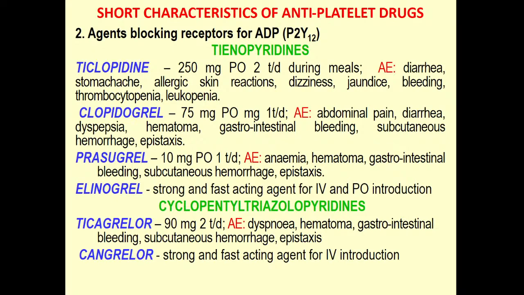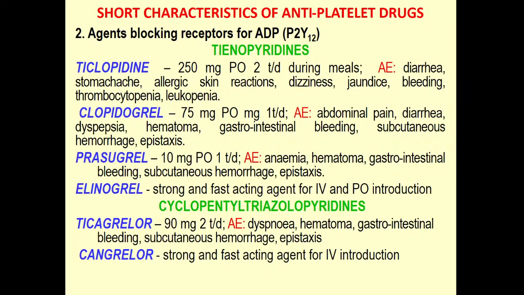It is used once daily. The dose is 75 milligrams. Among adverse effects, there are abdominal pain, diarrhea, dyspepsia, hematoma, gastrointestinal bleeding, subcutaneous hemorrhage, and so on.